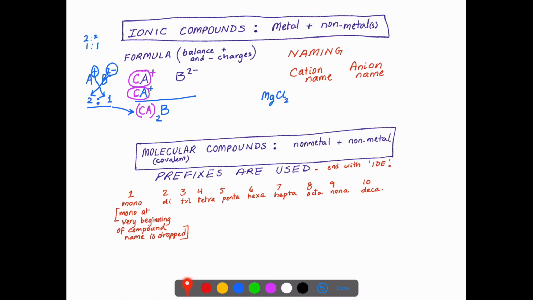So you have to just name the cation. The cation name will be just magnesium. You don't have to say magnesium ion, just say magnesium. And then the anion name will be chloride. Recall that Cl negative was called chloride ion. This is chloride ion. This is chloride. So our anion name is chloride, so this is just magnesium chloride.